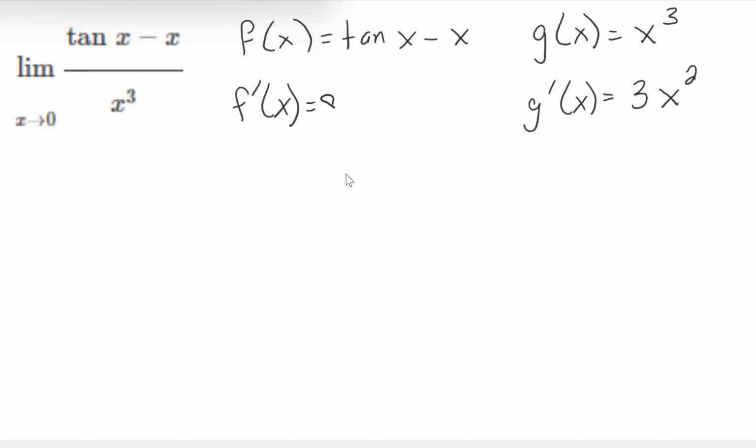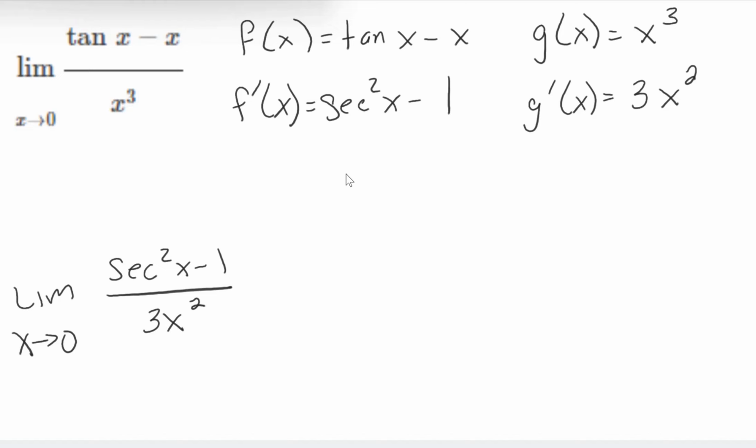So this one comes out to be secant squared x minus 1. So we're now at secant squared x minus 1 over 3x squared.